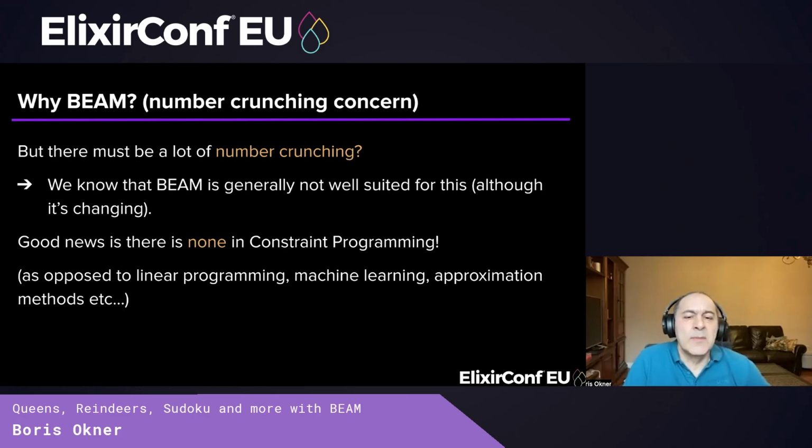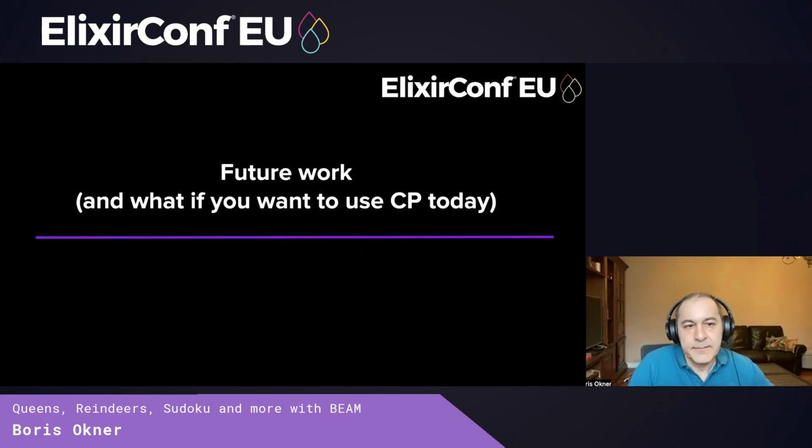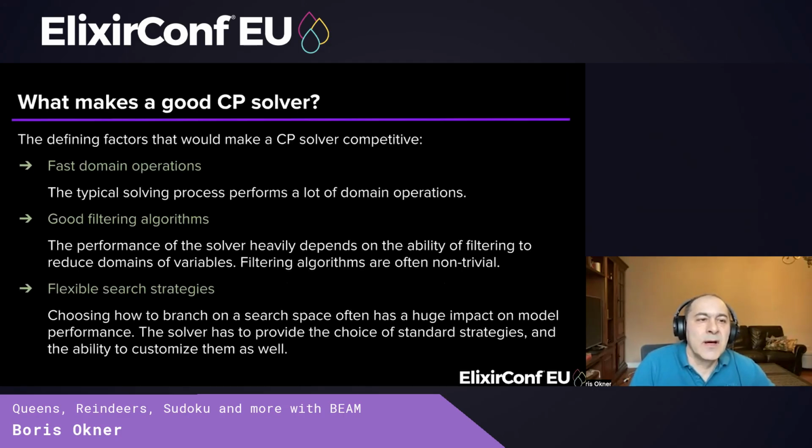In linear programming, machine learning, approximation methods, this is a big concern, because we usually have a lot of fixed point operations, arithmetic operations, but not in this particular model of constraint programming. So what are the challenges, and where are we at now?